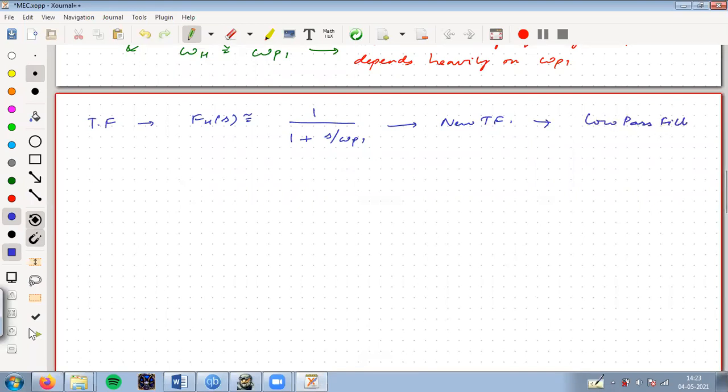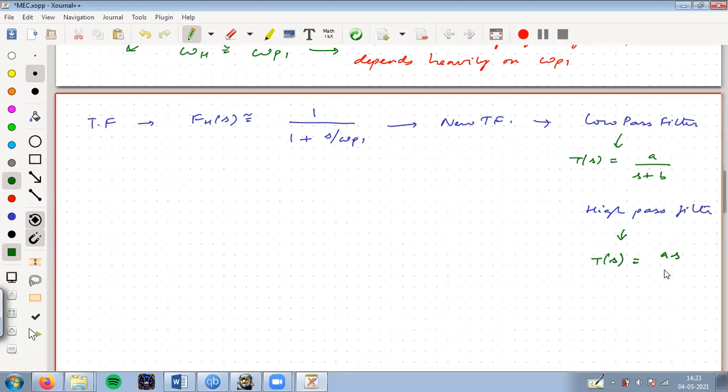For a low pass filter, the transfer function will look like some constant by s plus b. For a high pass filter, it will look like this: it has a zero, so T of s will look like s divided by s plus b.